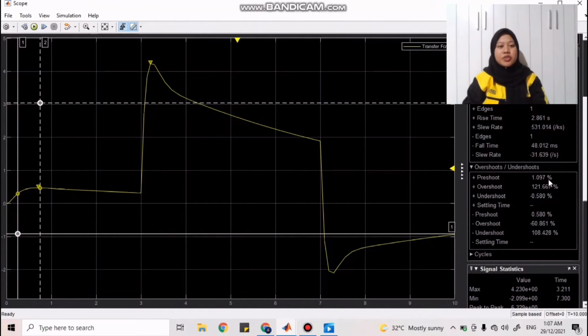I will continue to explain about the feedback control system. We can see the graph here, and the rise time is 2.861 seconds, and the overshoot is 121.667%.